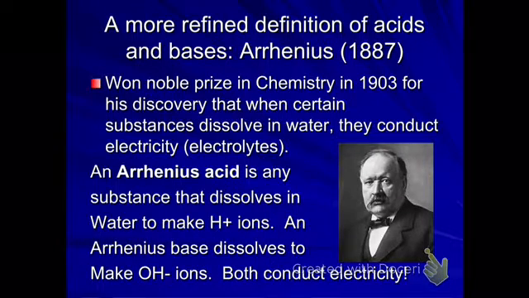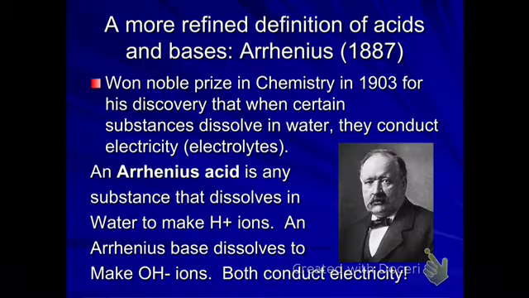A more refined definition of acids and bases came along around 1887. This gentleman right here won a Nobel Prize in chemistry in 1903 for his discovery that when certain substances dissolve in water, specifically ionic compounds, they can conduct electricity, and he called those electrolytes. His name is Arrhenius.